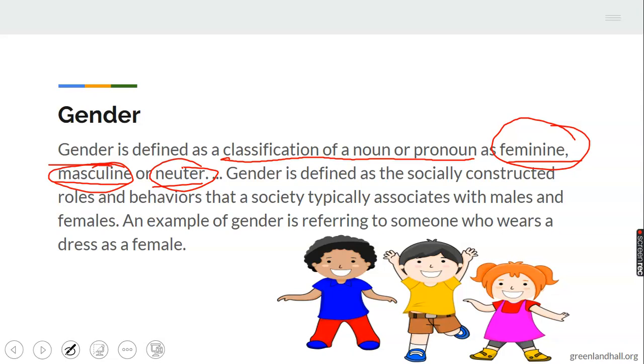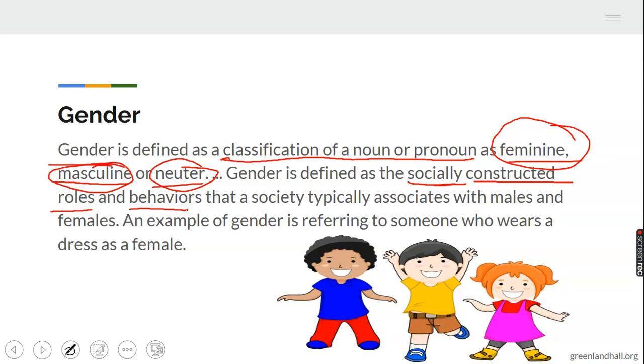Gender is also defined as socially constructed roles. Take note of that. Socially constructed roles and behaviors that a society typically associates with males and females.